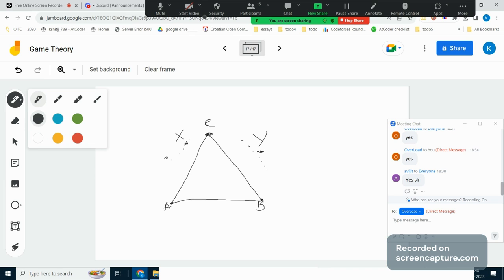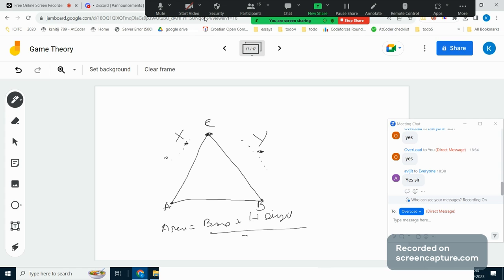Now notice that the area of a triangle equals base times height divided by 2. The base is fixed, say A and B, so this is constant. Now we need to show that at least one of X and Y is less than the smaller height. So we will denote it by small letters.